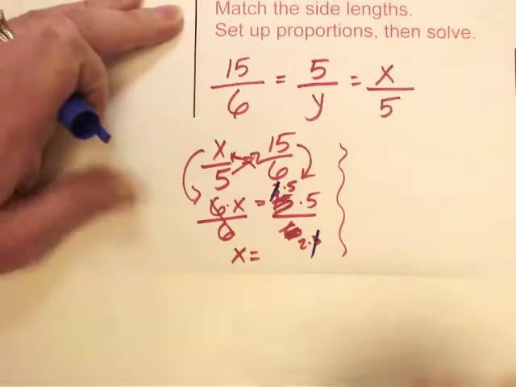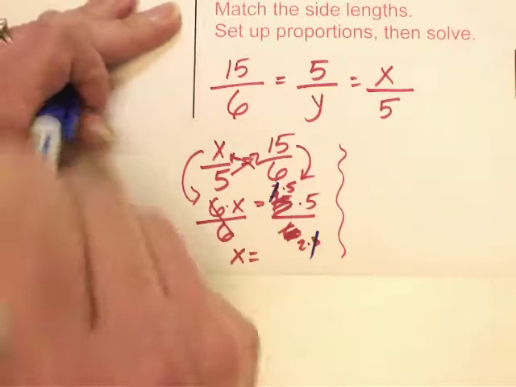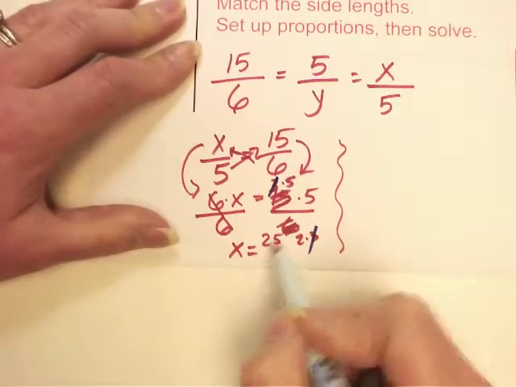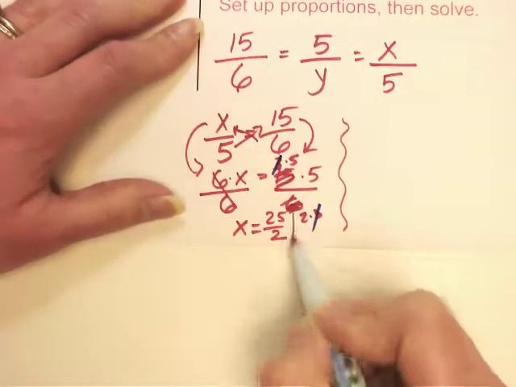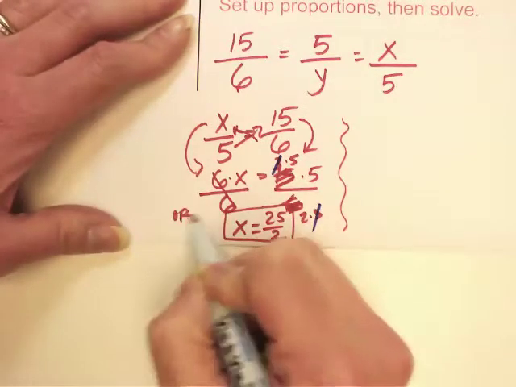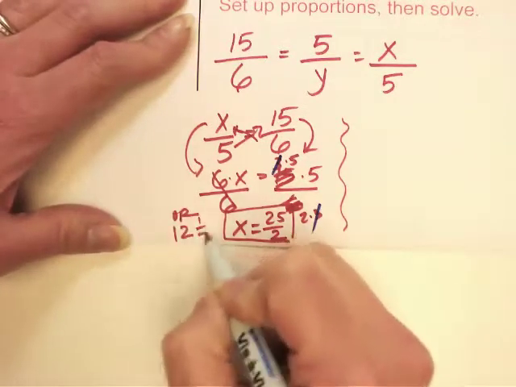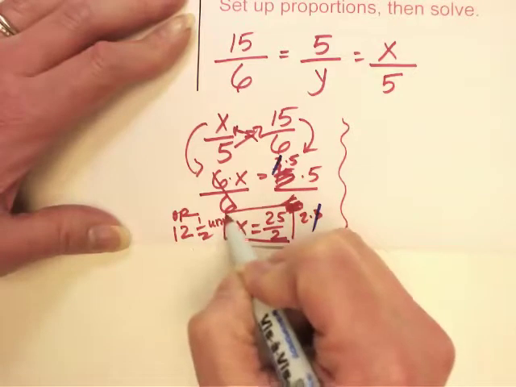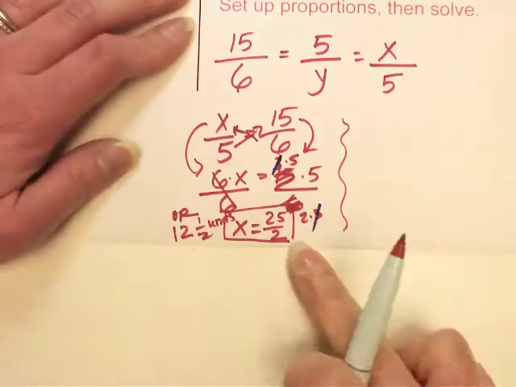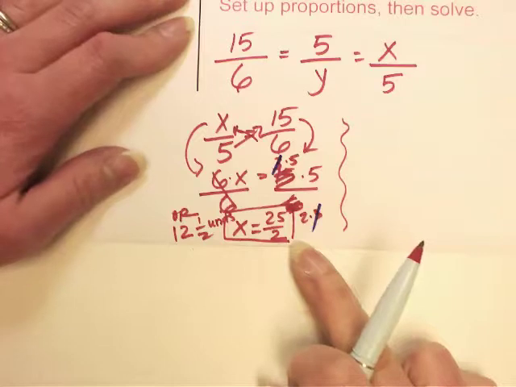Okay? And then leaves nothing else to cancel. So then I'm going to simplify. I have 25 over 2. You can actually leave the answer as 25 halves. Or if you want to, you could say you've got 12 and a half units as your length. So either one of those is fine. Okay, improper fraction is probably most preferred.